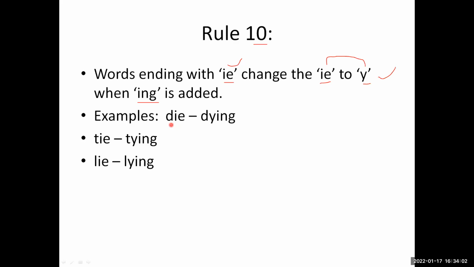See the example here. It is die. If it is dying, we added ing, so IE changed into Y. Tie, tying, same. IE removed and Y is added. Tying. Lie, lying. This is also simple.